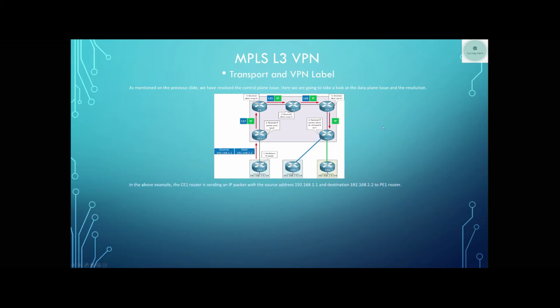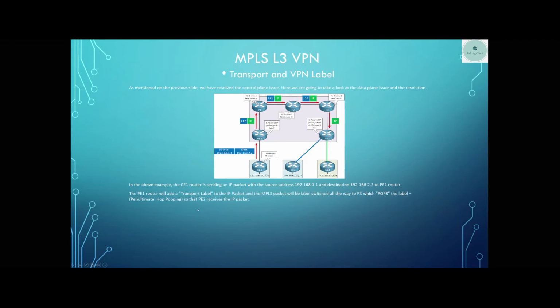And in the above example, the C1 router is sending an IP packet with the source address of 192.168.1.1 and destination 192.168.2.2 to the PE1 router. So it's advertising that, as you can see here, from here to the PE1 router.